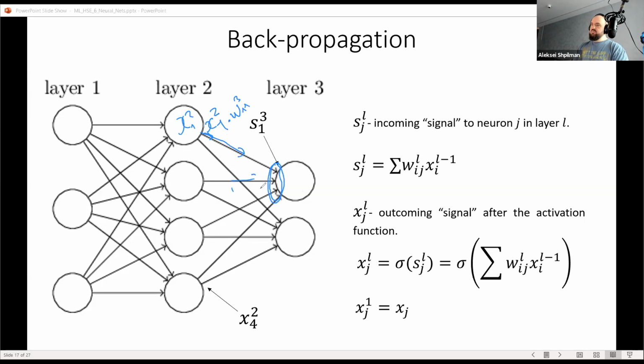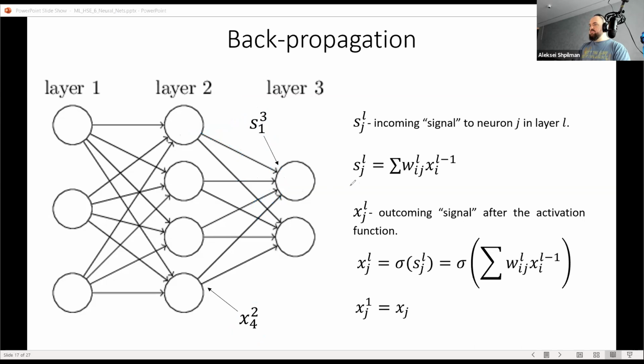If we sum all these multiplications, we get S. S is the incoming signal, henceforth S. So S is the incoming signal into the third layer and first neuron in that case. And X is the outgoing signal.